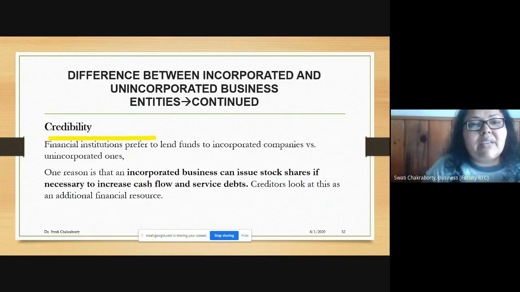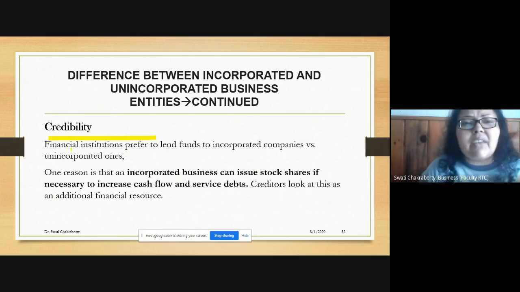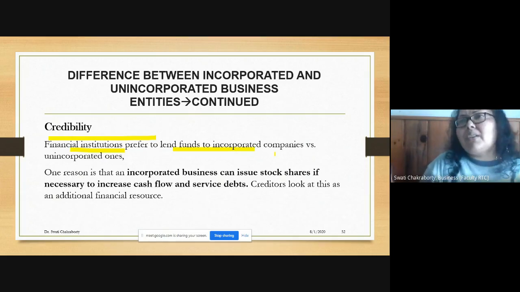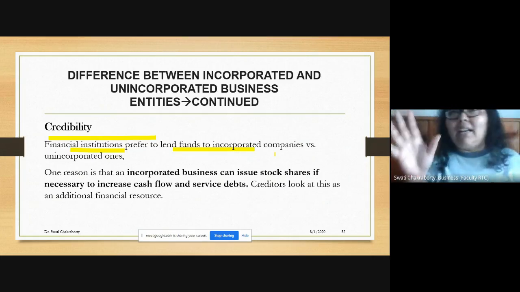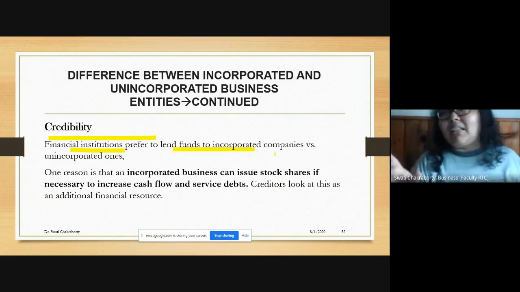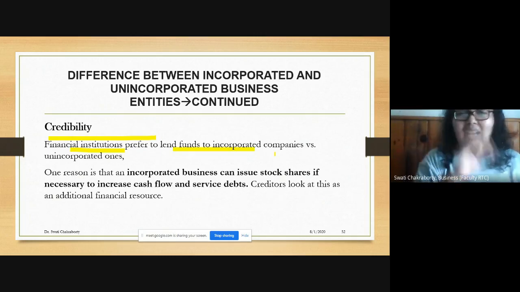Credibility. Financial institutions would prefer to lend money to big corporate houses. Why? Because big corporate houses have established their entity, their name, in the market. People are aware of it, and that's why these financial institutions have faith.